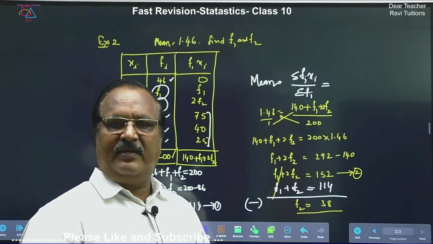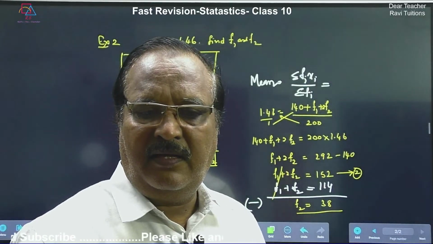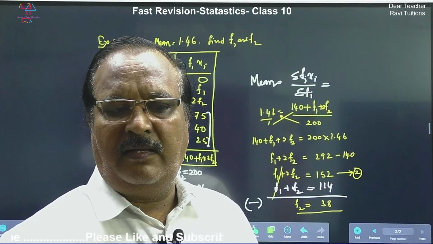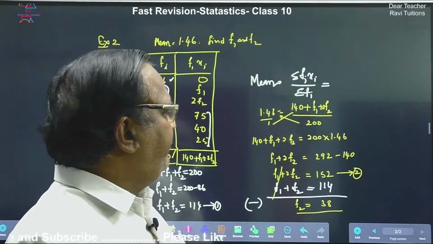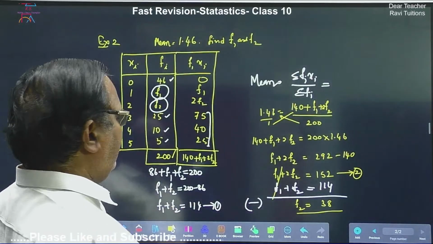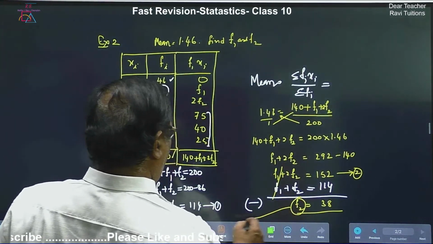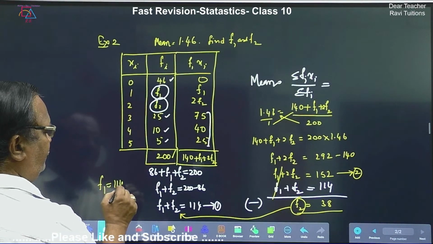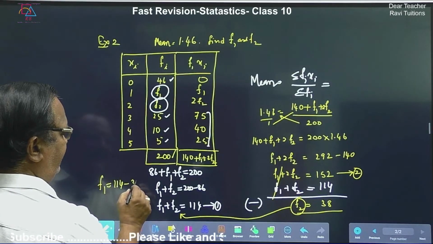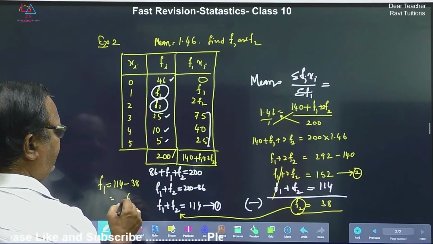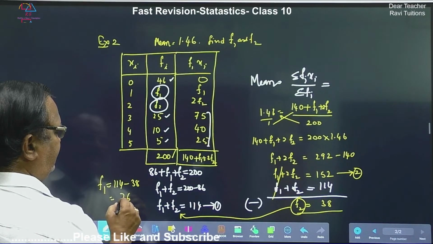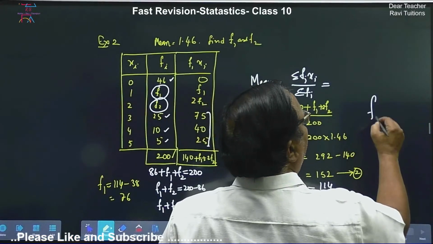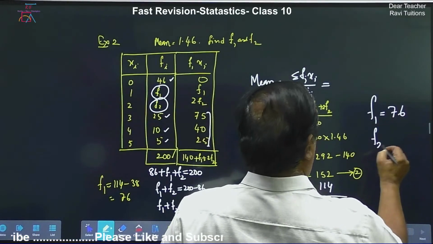We got it very easily. Now we got F2, and put this F2 value here so that you will be getting F1. F1 is equal to 114 minus 38, which is 76. So F1 is equal to 76 and F2 is equal to 38.